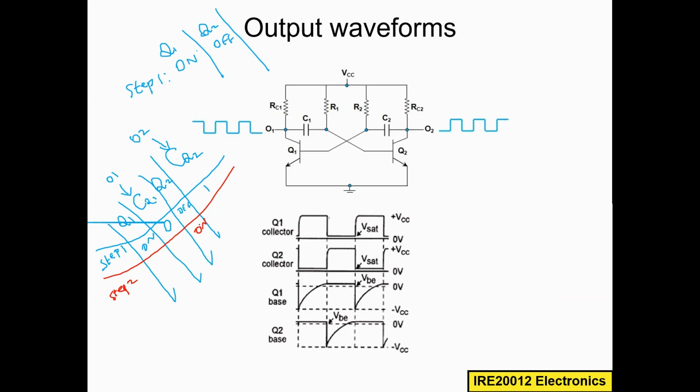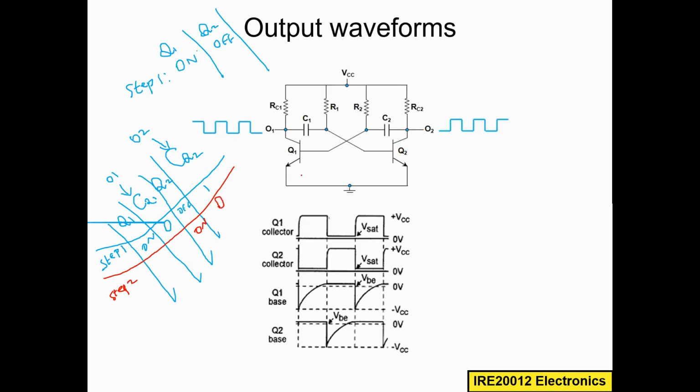If Q2 is on, it means there is a short circuit. Then whatever voltage accumulated here from the VCC will go to the ground, so the voltage level will go down. It will be logic 0 now. So the output at the collector of Q2 now becomes 0.